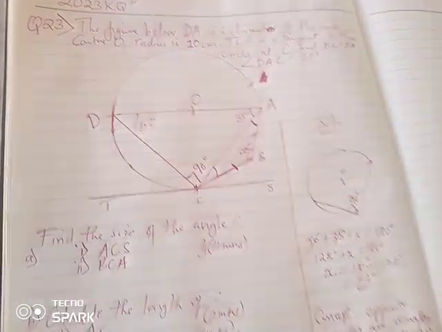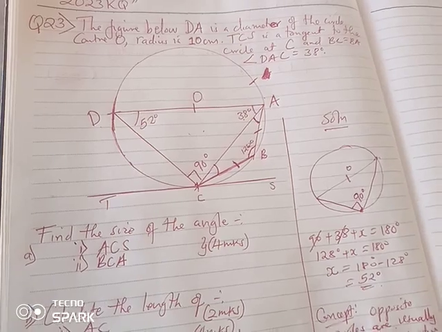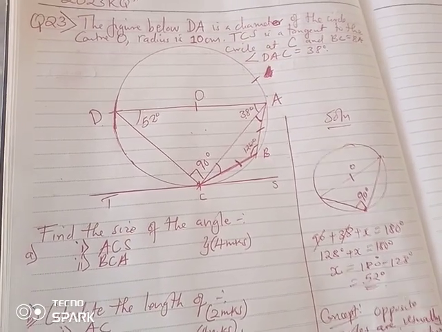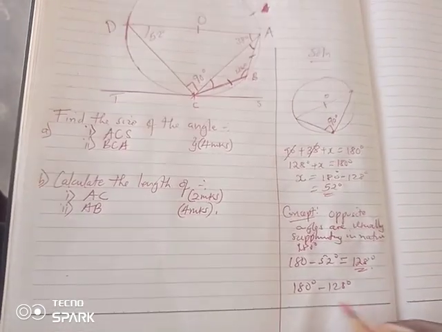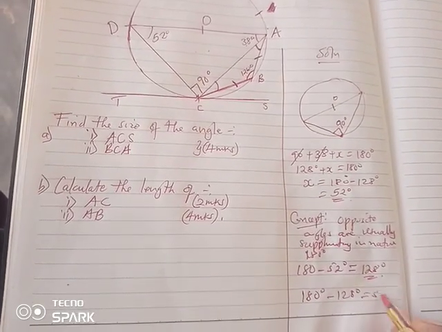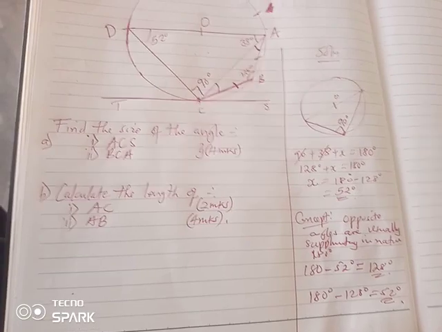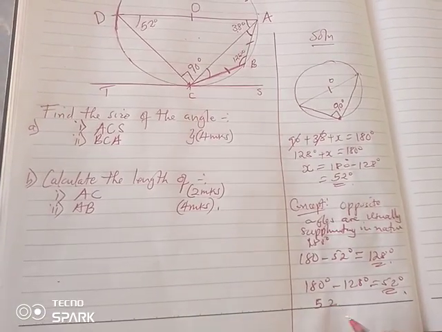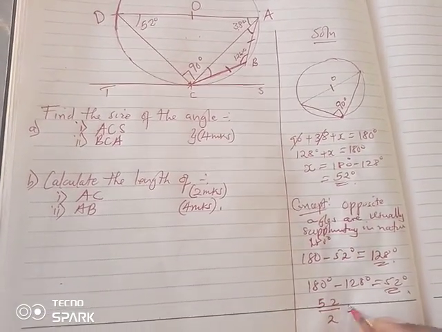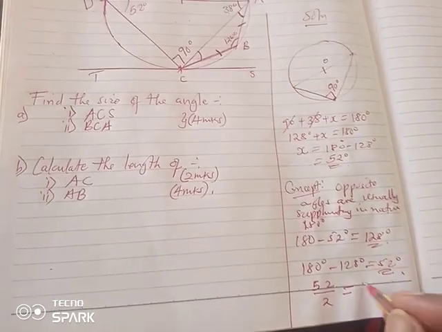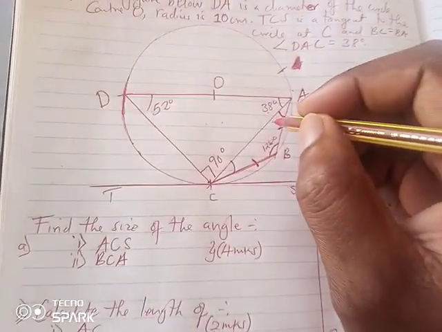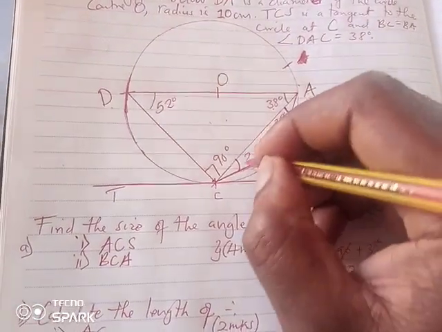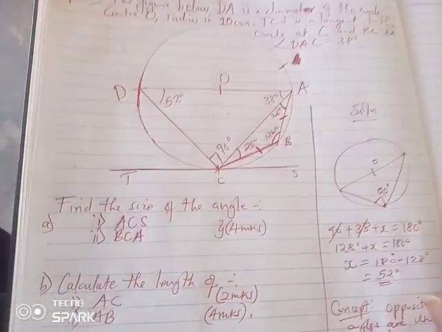Out of 180, one side has gone with 128, and therefore what is left for the two is just 52 degrees. So we are sharing the 52 among the two sides. So each shall be 26 degrees. Therefore we come to the diagram, and this shall be 26 degrees.